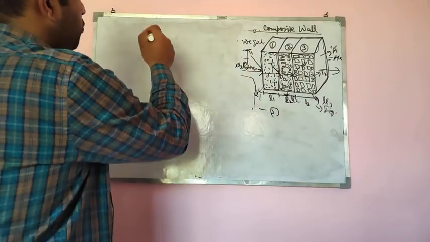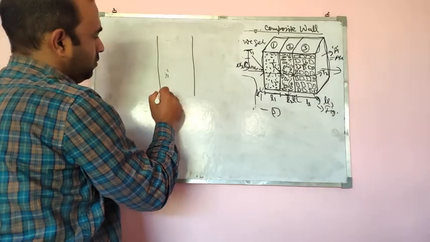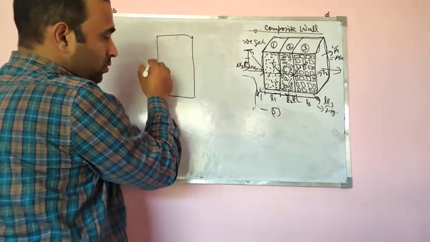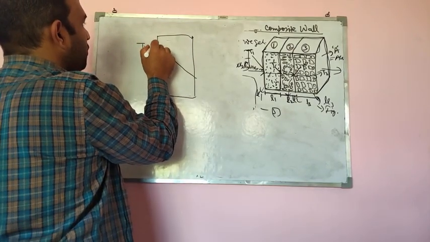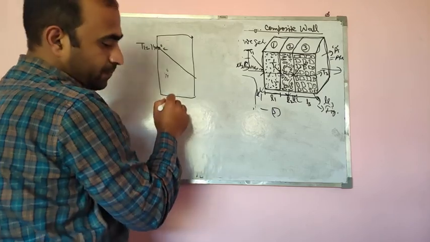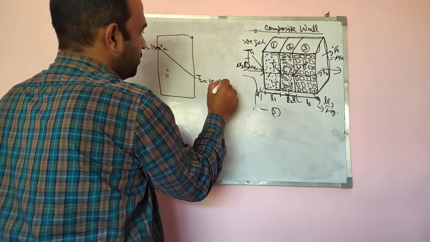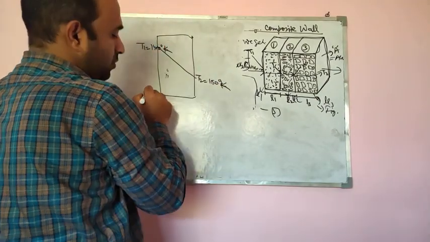So the problem goes like this. We have a solid wall. We have the temperatures given. T1 is equal to 1400 degrees Celsius and T2 is equal to 150 degrees Celsius. Sorry, degree Kelvin, it's degree Kelvin.